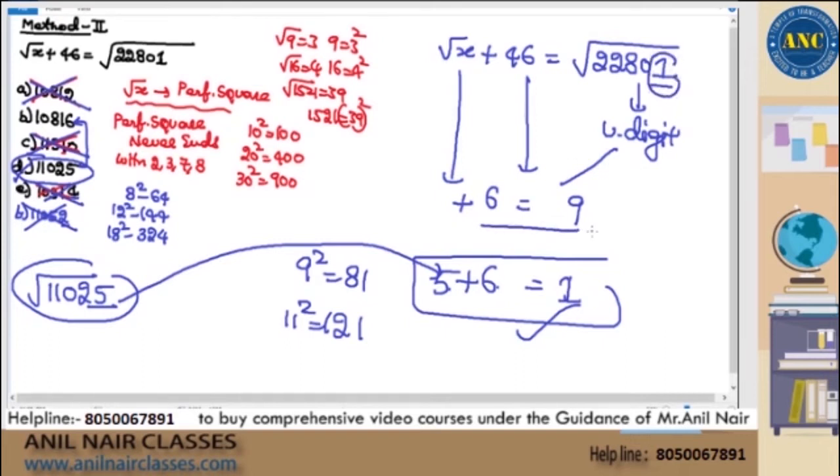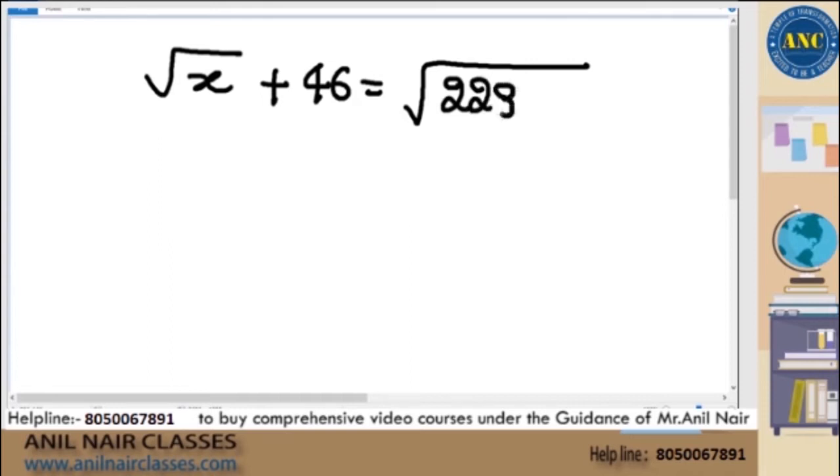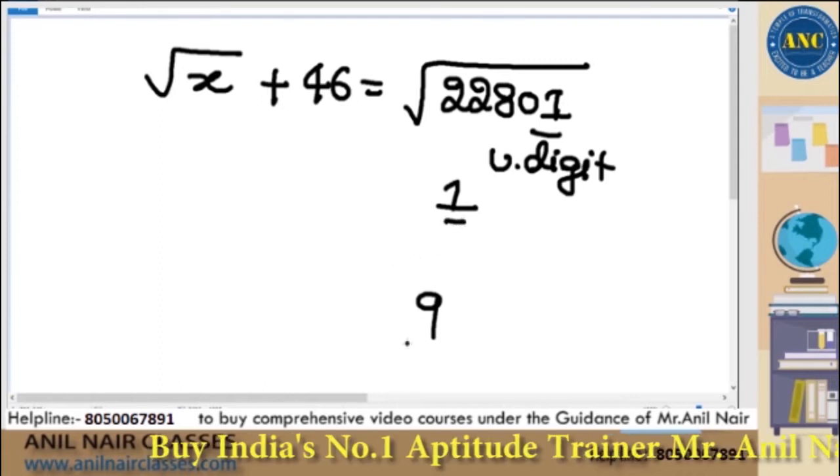We will discuss why, using the answer options and also the traditional method. Listen carefully again, Srishti, I am explaining again. Root x plus 46 is 22801. The unit digit is 1, so the unit digit of the number being squared should be 1 or 9.